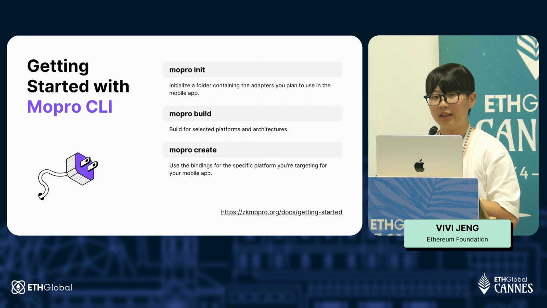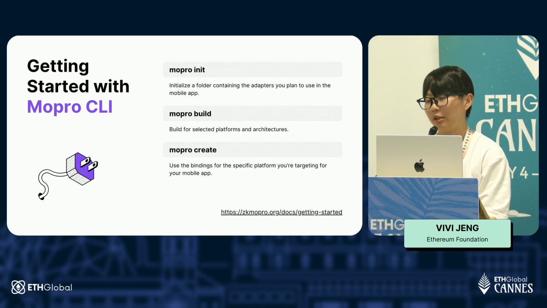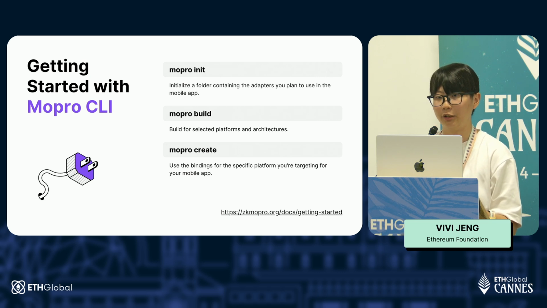And here's how you can use the Mopro CLI to create an example app. First, you can use mopro init and choose the adapters you want to use. For example, Circom, Halo2, or Noir is what we currently provide.